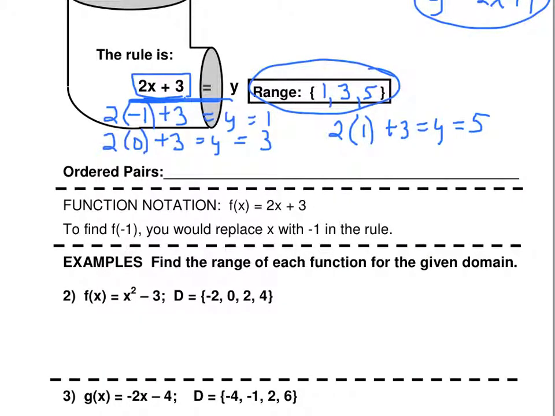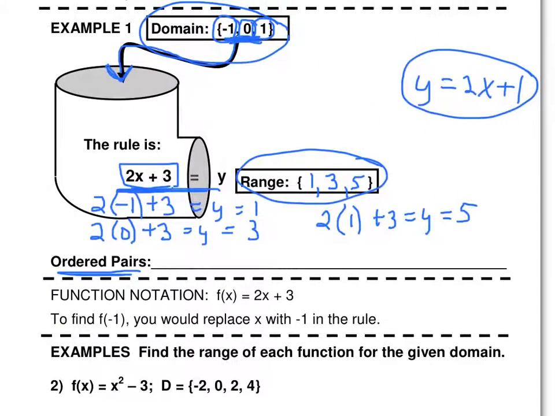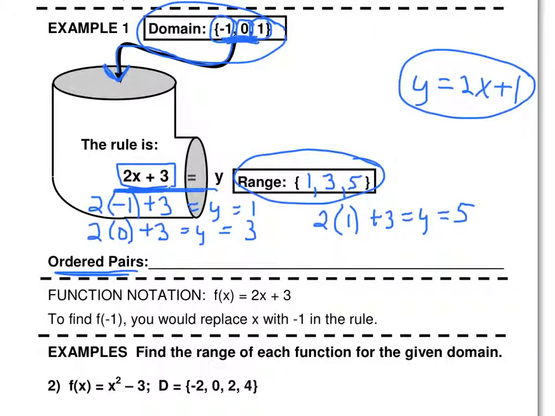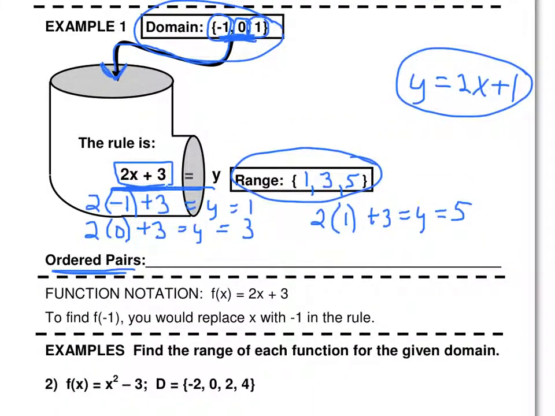Okay, and to finish this off, what you end up getting when you are finished with your function machine is you basically get ordered pairs. So your ordered pairs that you got from this function were, when you inputted a -1, you got a value of 1. Sorry, this is kind of messy. So that's your ordered pair.